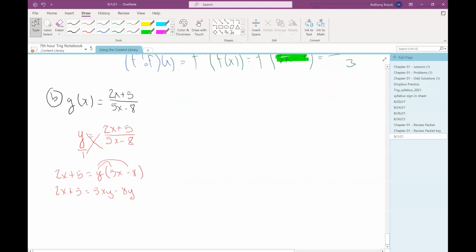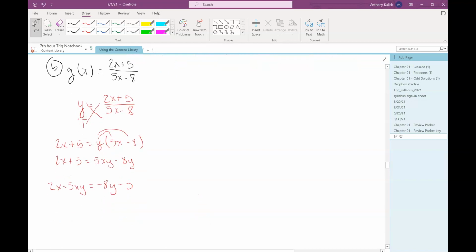And now I'm going to move the stuff with the x's onto one side and the stuff without the x's onto the other. So I'll subtract 5xy to both sides and then subtract 5 from both sides. If you look on the left-hand side, I notice that both terms have an x in them.